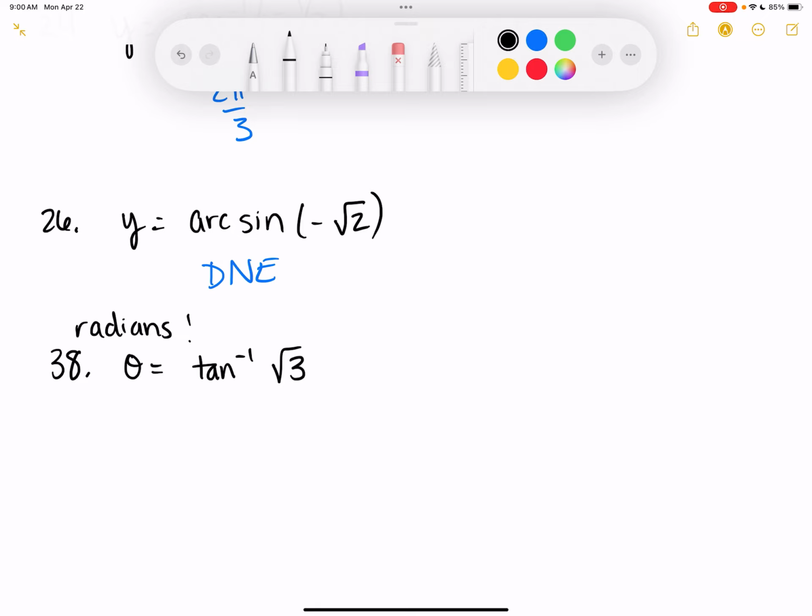Yep, pi over 3. We basically already did that one, so yeah, we did.